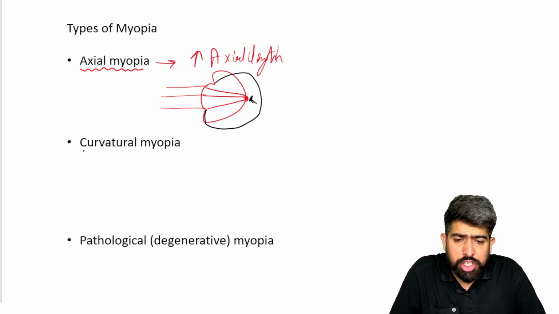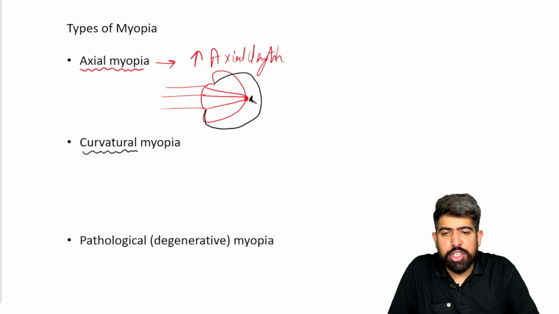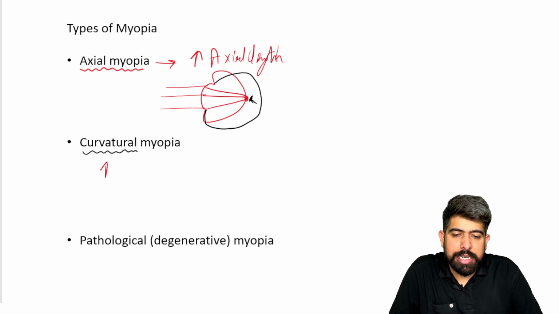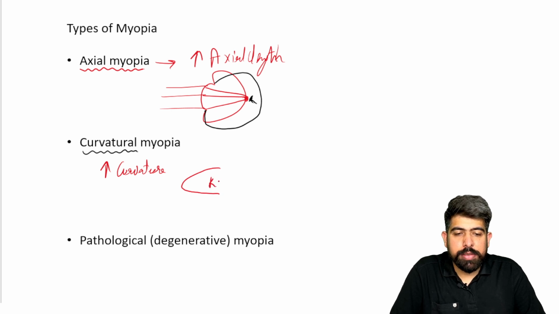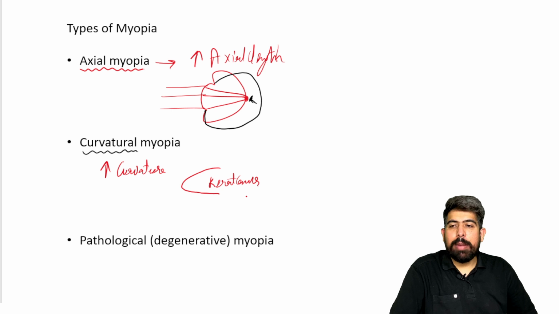The second is curvatural myopia. Here also there is an increase in your curvature. If your curvature becomes more, I'm giving you the example of keratoconus. In keratoconus, what will happen?